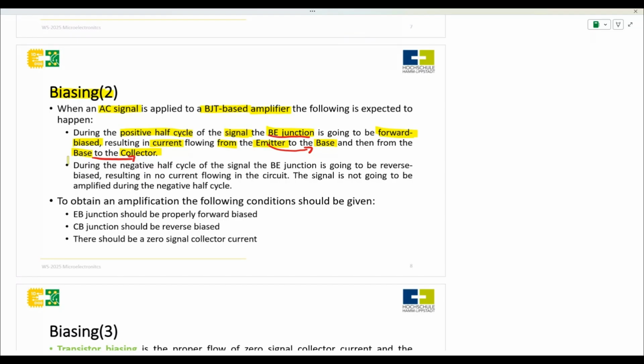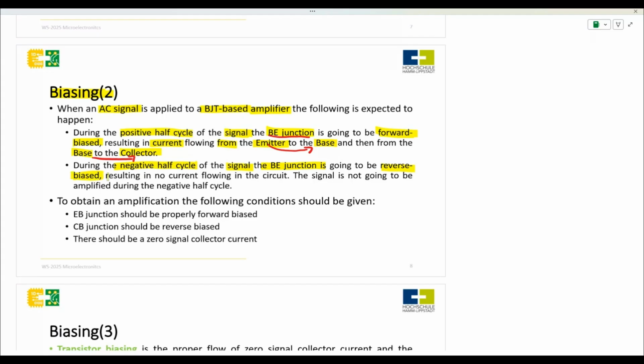Okay, let's continue. Now we are talking about the negative half cycle, not the positive half cycle. During the negative half cycle of the signal, the BE junction is going to be reverse biased.